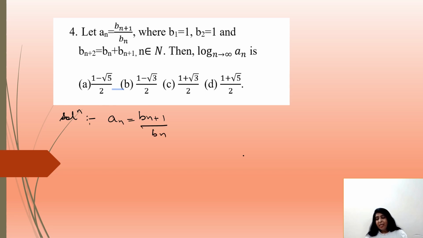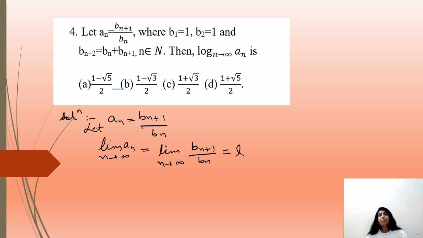So let us take the limit of an when n approaches infinity, which is equal to the limit of bn plus 1 by bn when n approaches infinity. Let us assume this as l. Right.